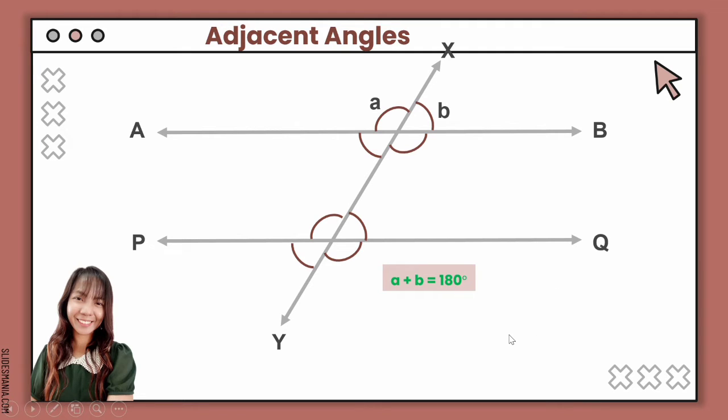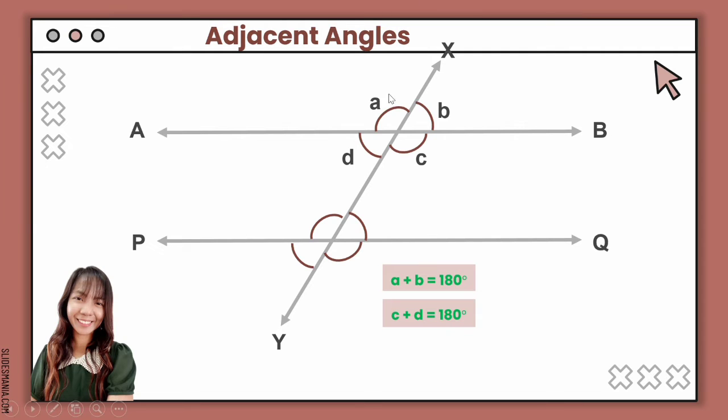Another adjacent angles, angle C and angle D. So angle C plus angle D equals 180 degrees. So meaning adjacent angles, when you add them, okay, the sum of the two measures is 180 degrees.